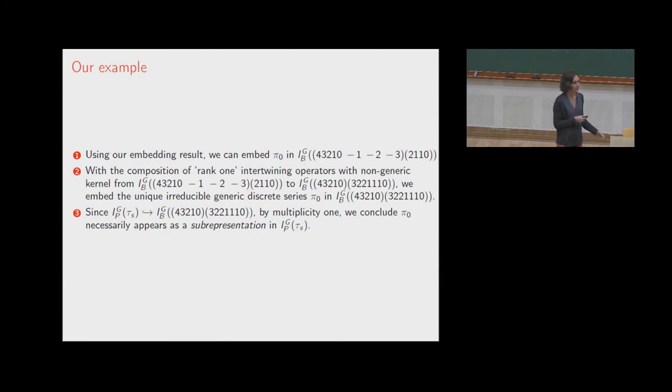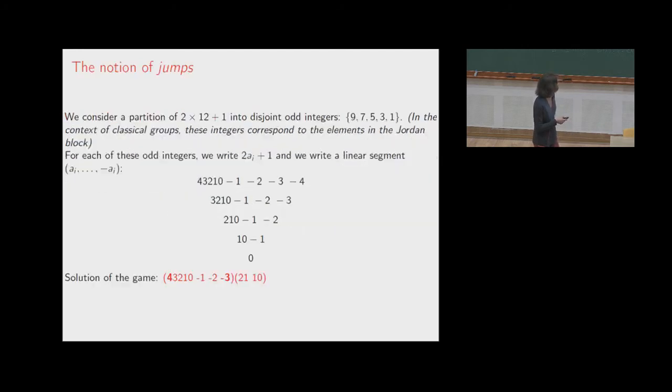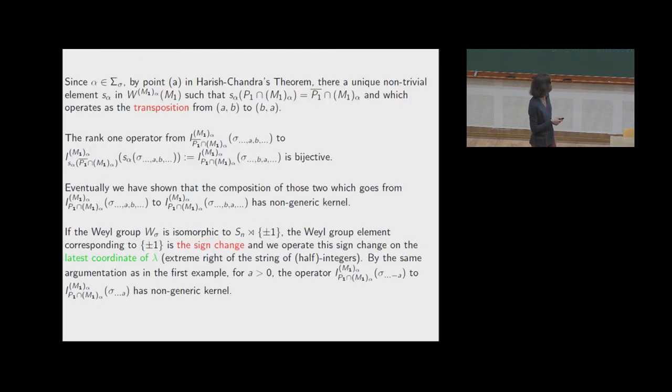So you have this -3 at the end, and here I explained that you can change the sign. On the last coordinates, this operation will have non-generic kernel as well. You will have an intertwining map which goes from -A to A with non-generic kernel.